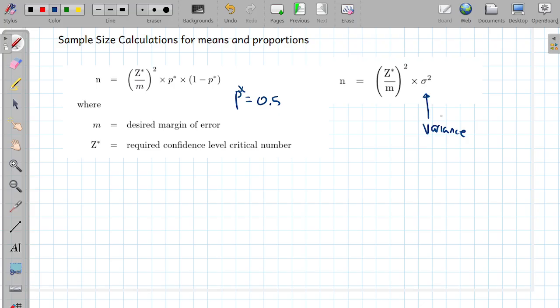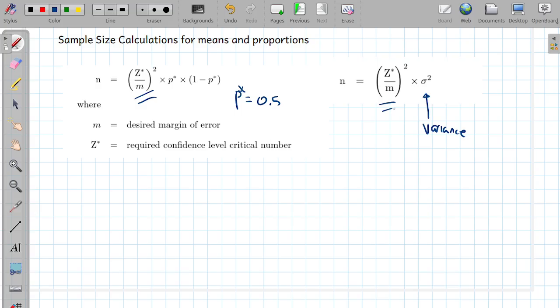Okie doke, there we are. We're back. Okay, so there's two formulas in this course for calculating sample sizes. They're both very much the same. The thing that doesn't change between the two of them is this. We need a critical number from Z. Typically, we're going to find that from the bottom of the T table. We can get it off the Z table too. You know how to do that by now.